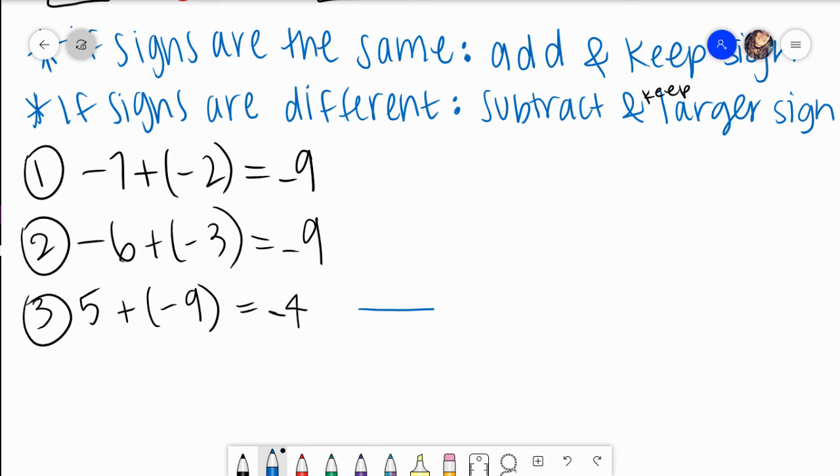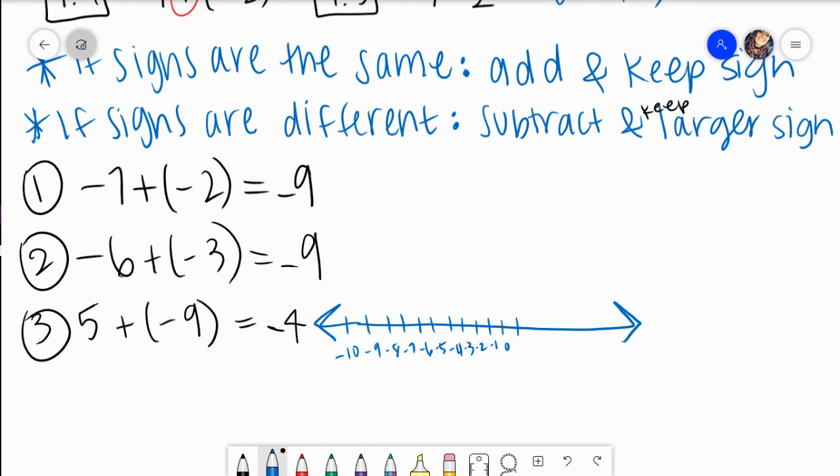A representation of this on a number line would be, say this is -10, 9, 8, 7, 6, 5, 3, 2, 1, 0. Okay, say right now, 1, 2, 3, 4, 5.